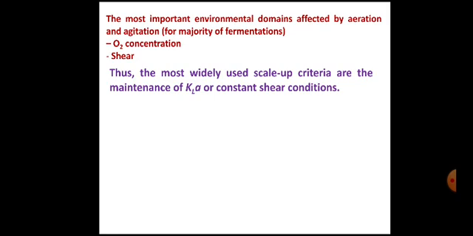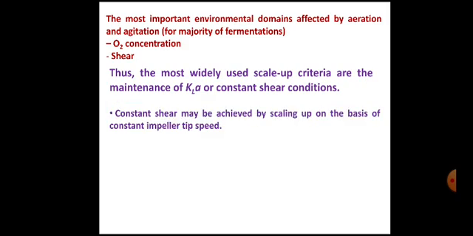So KLA is related to oxygen concentration, and the other parameter is shear condition. These two have to be maintained properly in order to get good progress of fermentation. Constant shear conditions means that on small scale as well as on large scale, the conditions should remain the same.